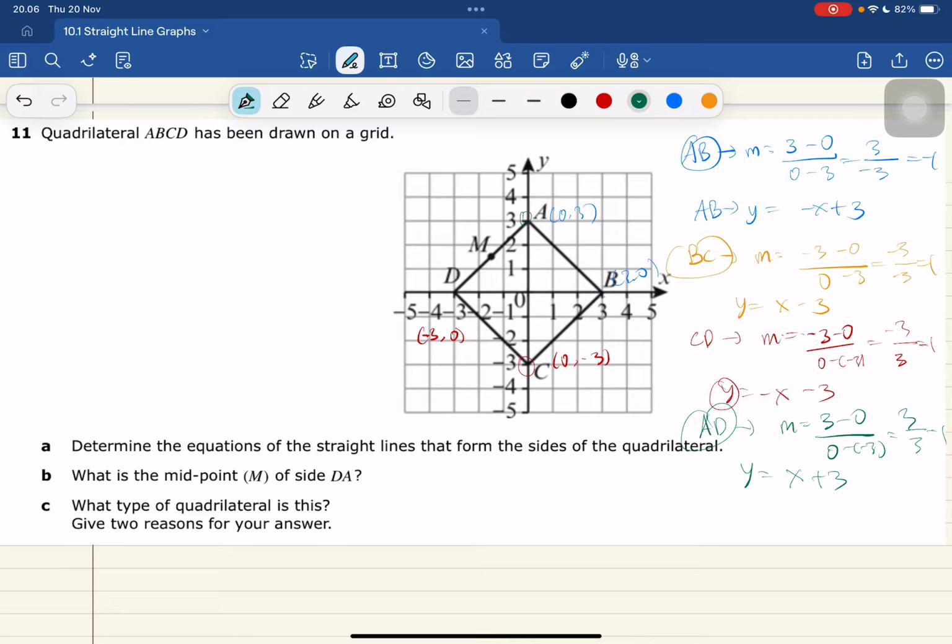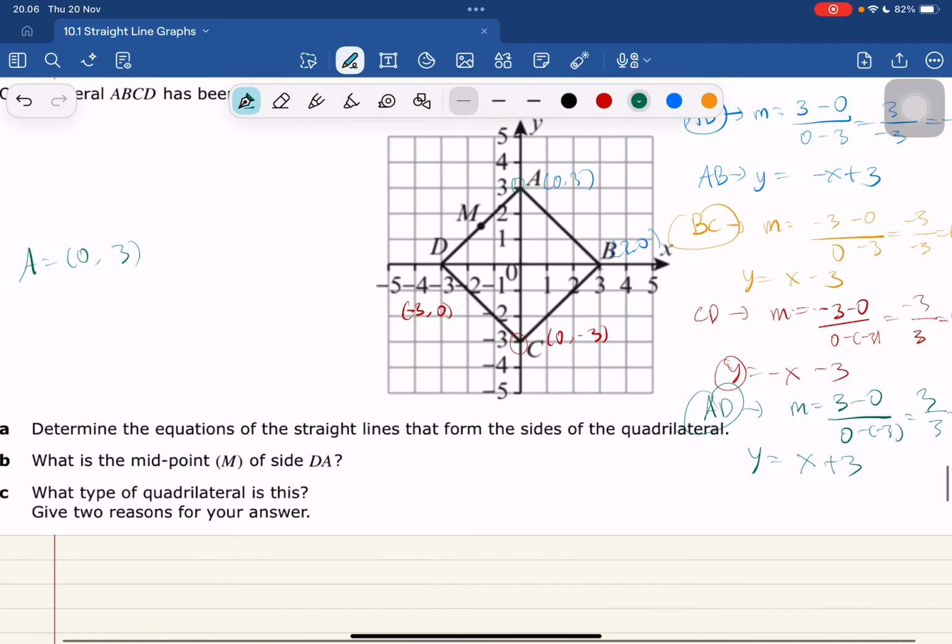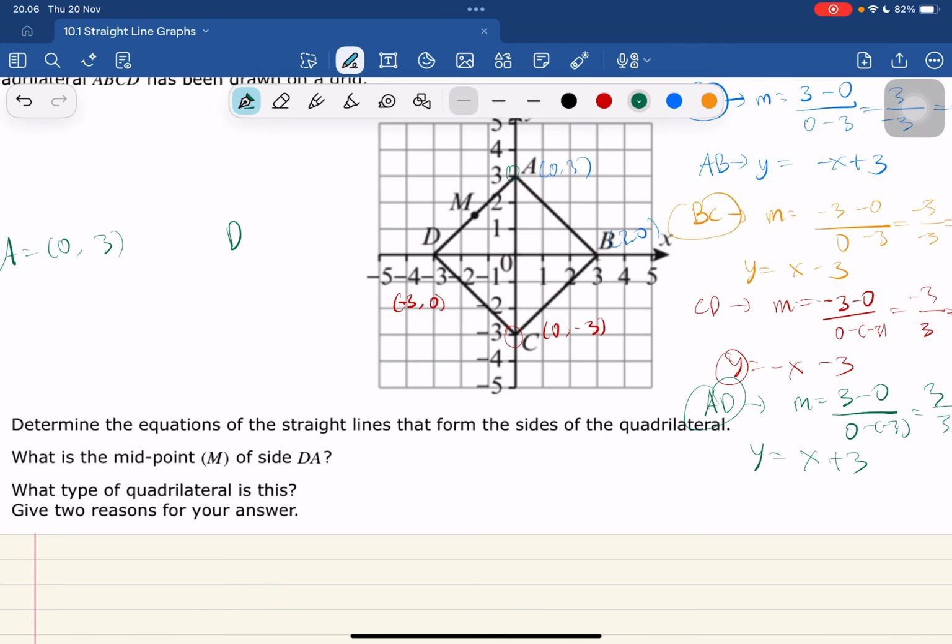Now find the midpoint M of side AD. We have point A is (0, 3) and D is (minus 3, 0).